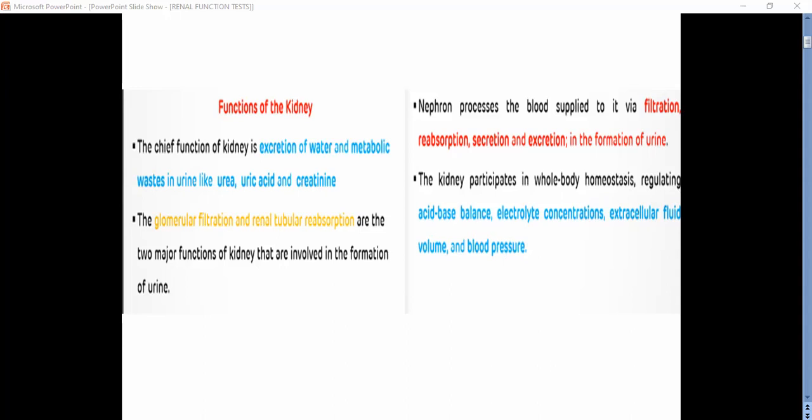In the same way, different electrolytes, including sodium, potassium, and H plus ions, which are most beneficial to our body, should also be cleared by the kidney if present in excess. Maintaining the extracellular fluid volume is also a chief function of the kidney, and if these functions do not happen properly, it leads to a rise in blood pressure.